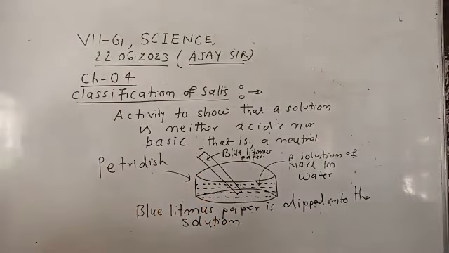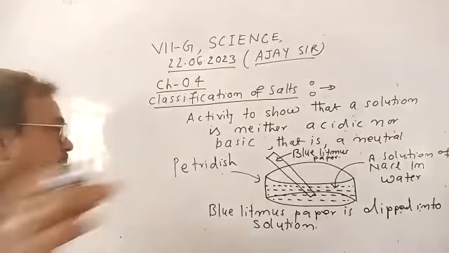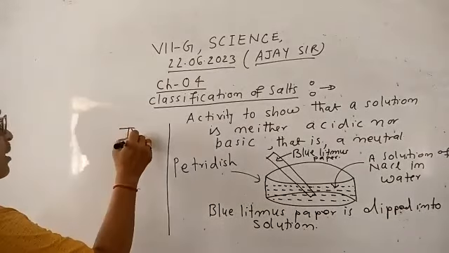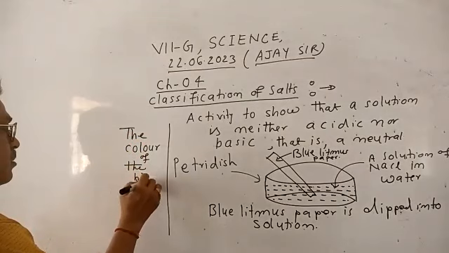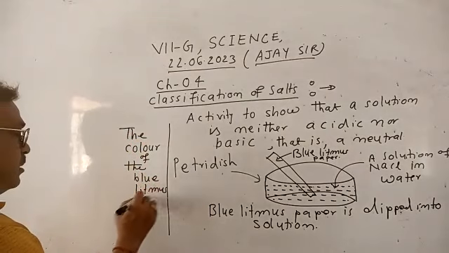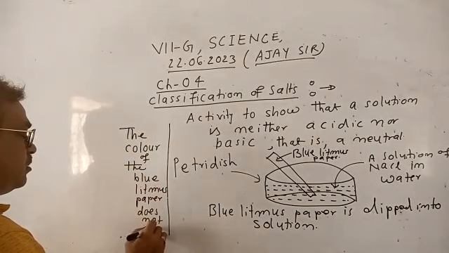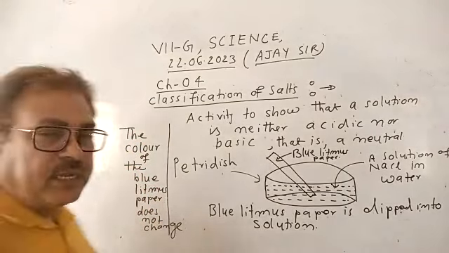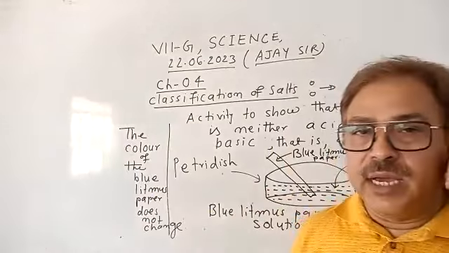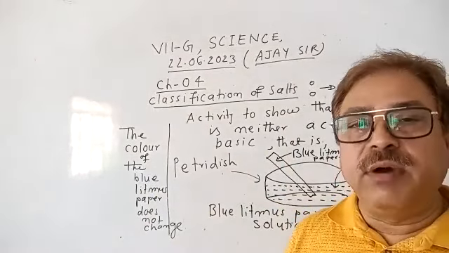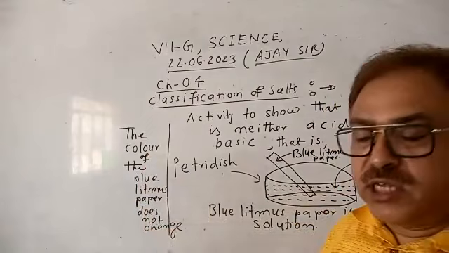So first step, we observe that after putting the blue litmus paper in the petri dish with the sodium chloride solution, the color of the blue litmus paper does not change.